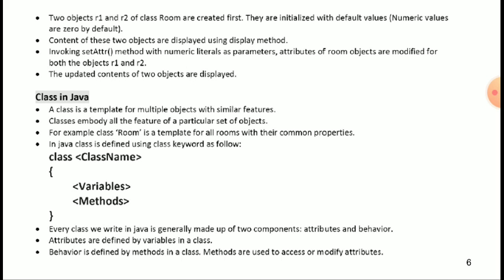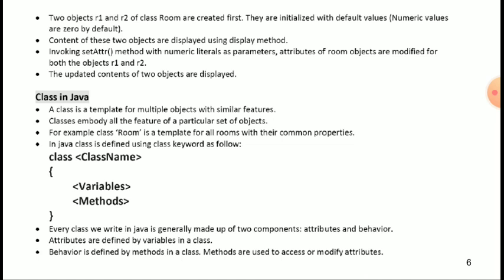Two objects r1 and r2 of class Room are created first. They are initialized with default values. Numeric values are 0 by default. The contents of these two objects are displayed using the display method.